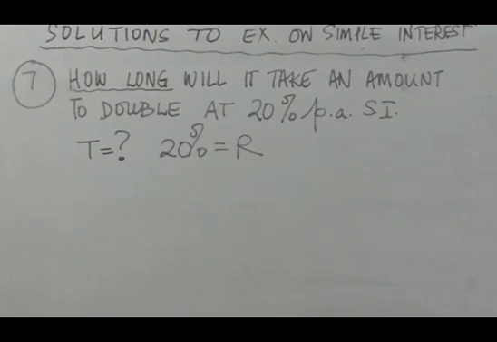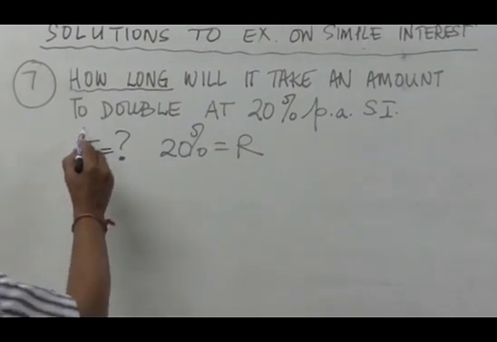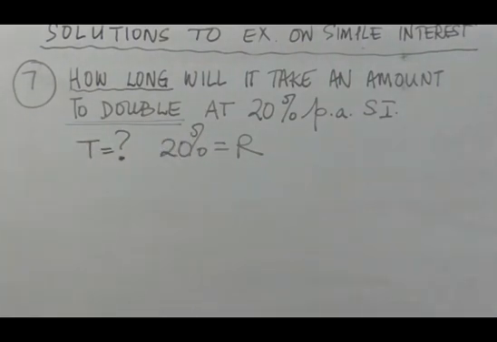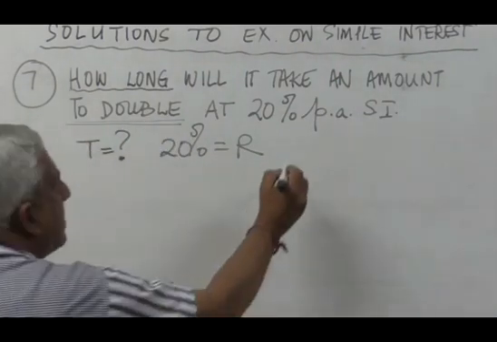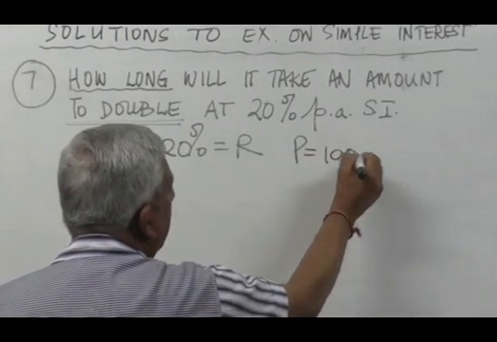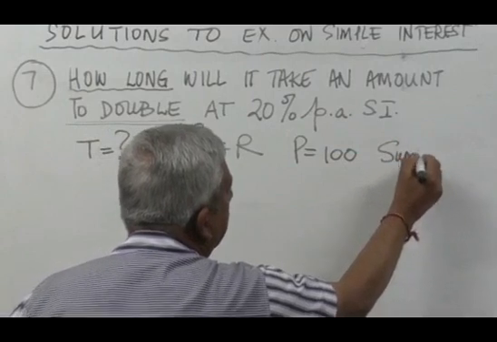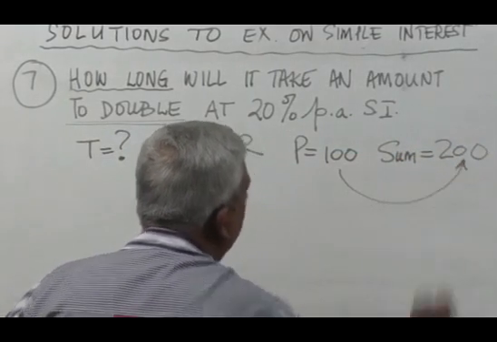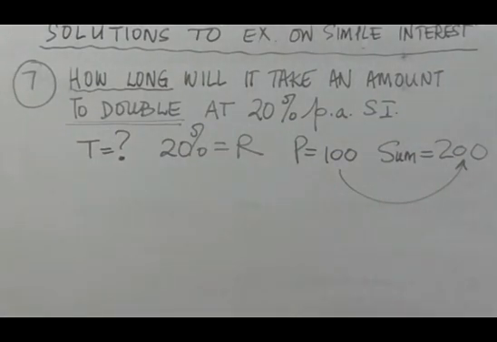Alright. But the keyword is double. If the amount doubles, then it means that the principal, you can choose any figure you like. If the principal was 100 Rand, then the sum is 200 Rand. You can see that it has doubled. You can choose any figure. You can say 1 Rand and 2 Rand, it will still work out.